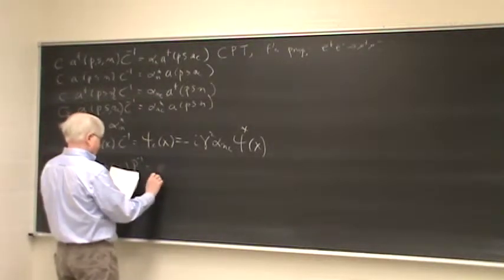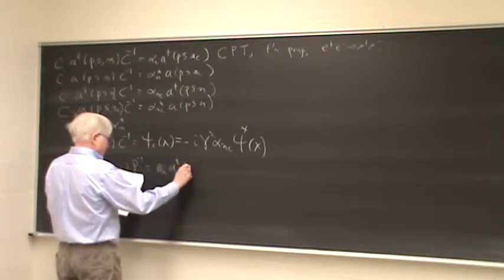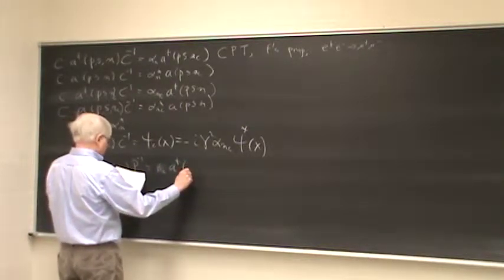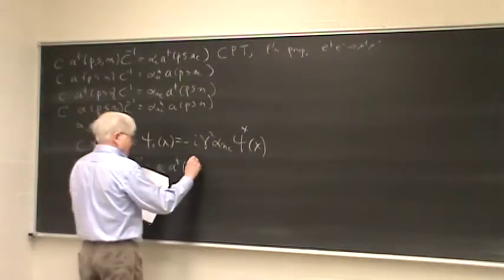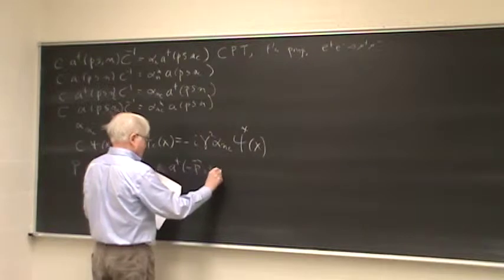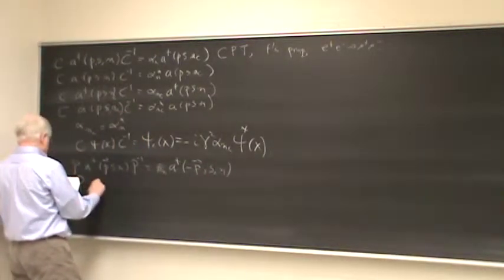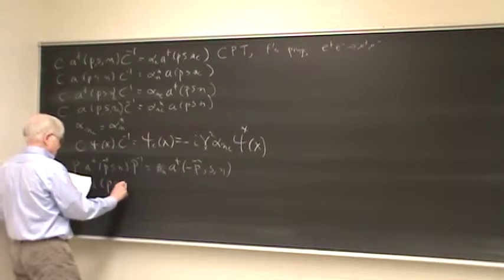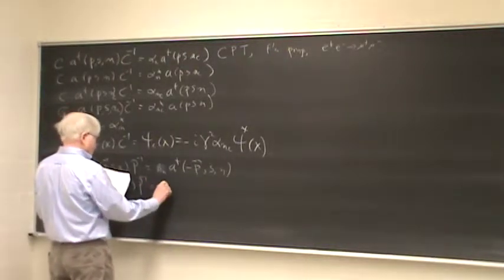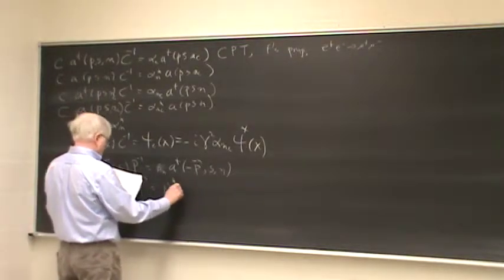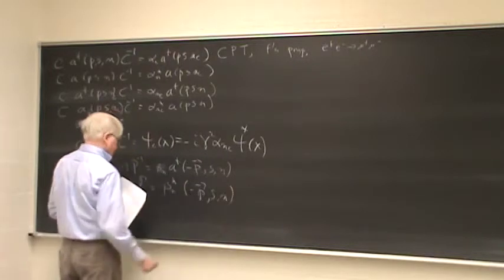I'm going to call it beta n A dagger, and this is, if I'm talking about P vector, then it's minus P vector S n, and P A P S n P inverse is beta n star of minus P S n.